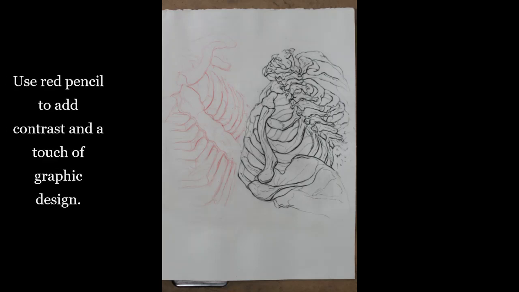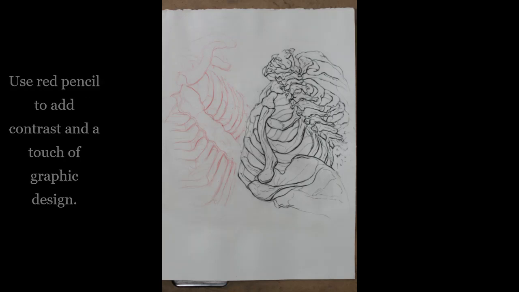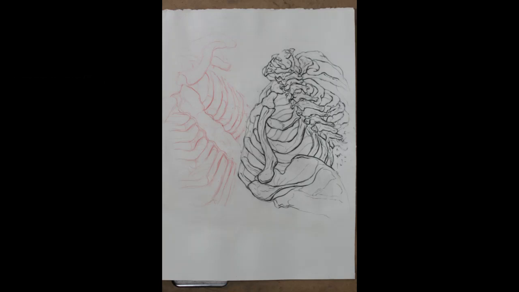You can always use red colored pencil with your charcoal pencils to bring some interest and contrast into your contour drawings. Look at the way the vertebrae are meticulously drawn.